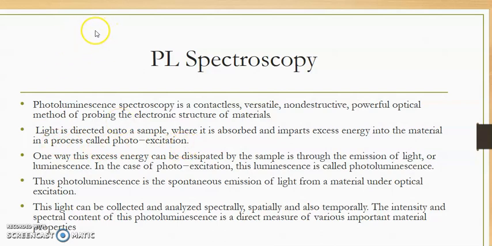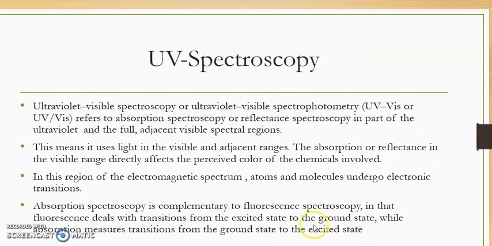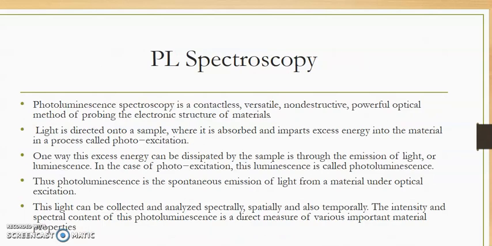In UV spectroscopy, we saw that the transition is from the ground state to the excited state, but in the other case it is from the excited state to the ground state. Understood? That is the difference between PL spectroscopy and UV.